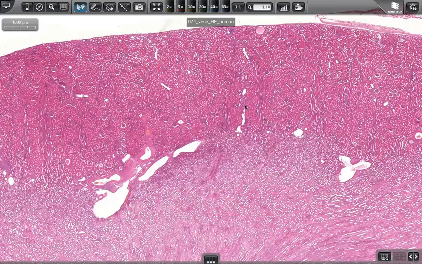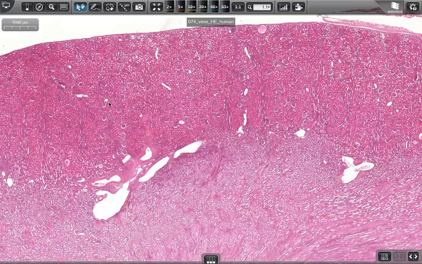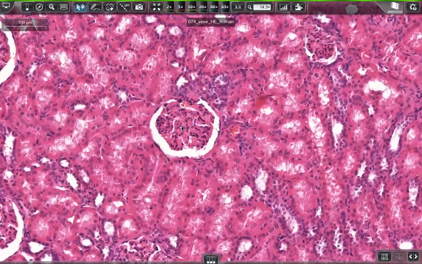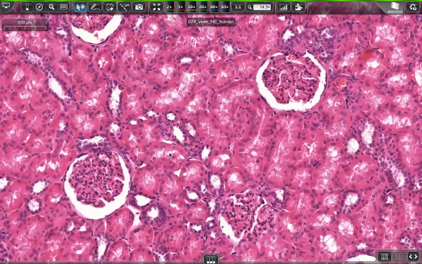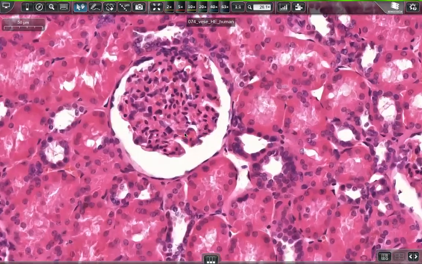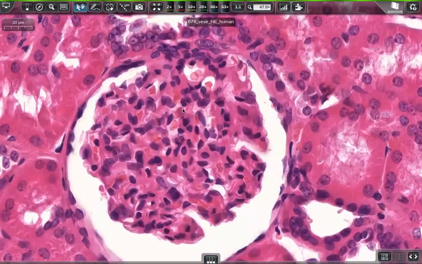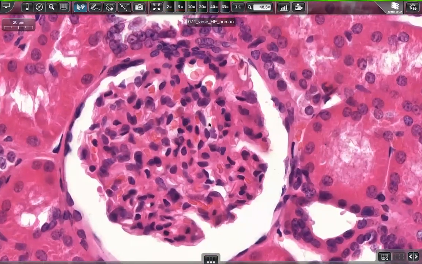Interlobular arteries here. Okay, then let's see the structures of the glomeruli. This is a nice one here. Look at that. This is a typical Bowman's capsule. Here, there's a simple squamous epithelium lining the parietal lamina of it. And onto the surface of this glomerulus, you can see the red blood cells in the vascular loops.